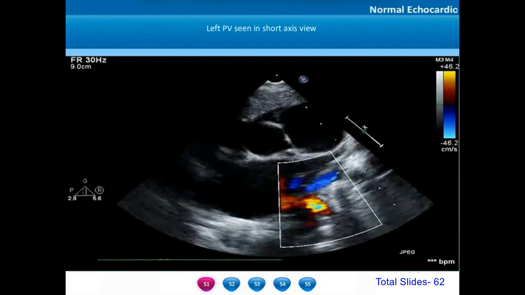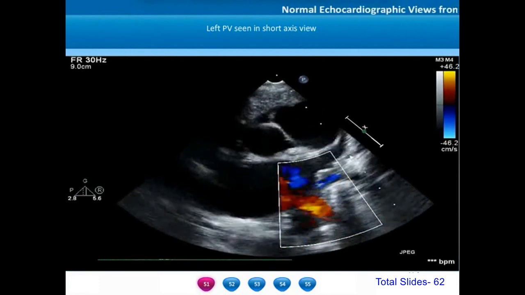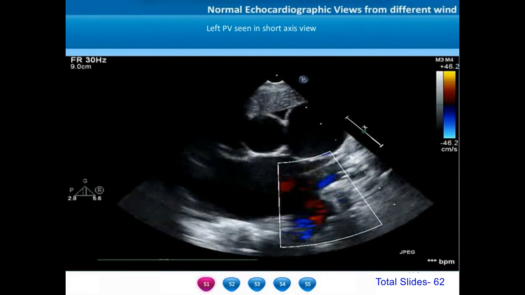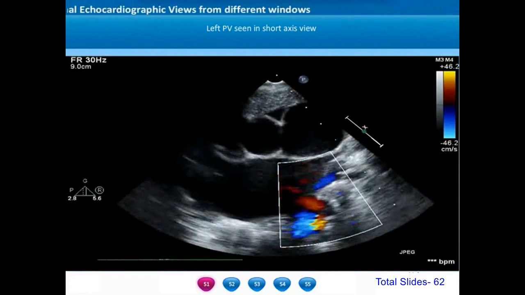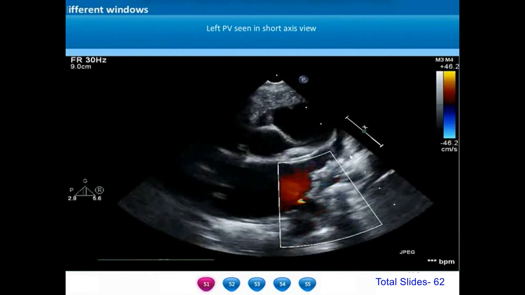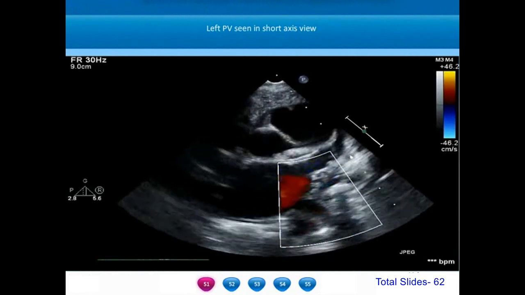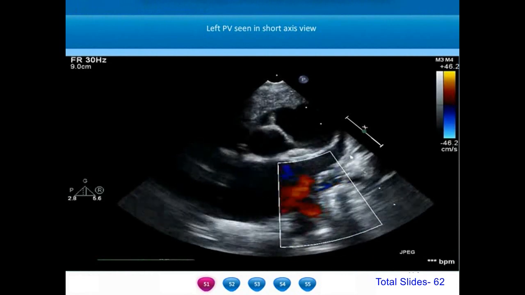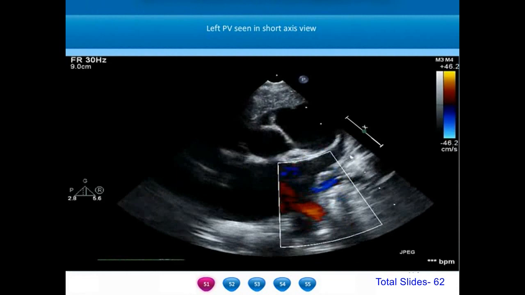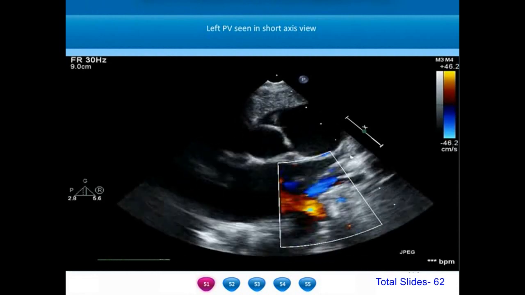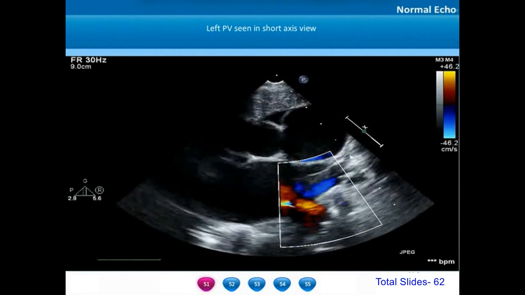The left pulmonary veins will be draining on to the leftward side of the left atrium. The left upper pulmonary vein is an anterior structure and the left lower pulmonary vein is a posterior structure. So the color coding of the upper and lower pulmonary veins will be blue and red respectively. We need to understand that both the left upper and left lower pulmonary vein will be seen to enter the left atrium on the left side of the descending thoracic aorta.